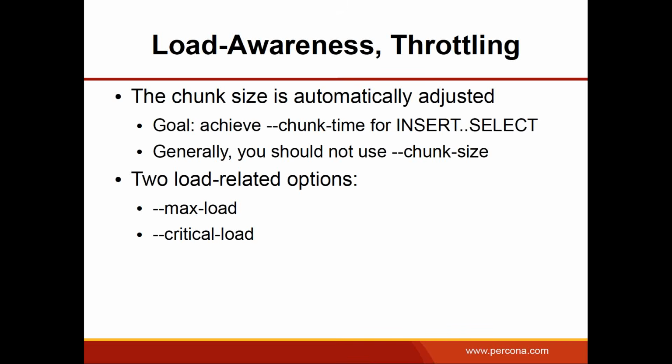And the tool uses a fancy algorithm to monitor the recent speed of copying rows, and it will generally hit this chunk time very closely. Even if the load on the server changes or something happens such that the tool slows down, it will continue to achieve that chunk time very predictably.